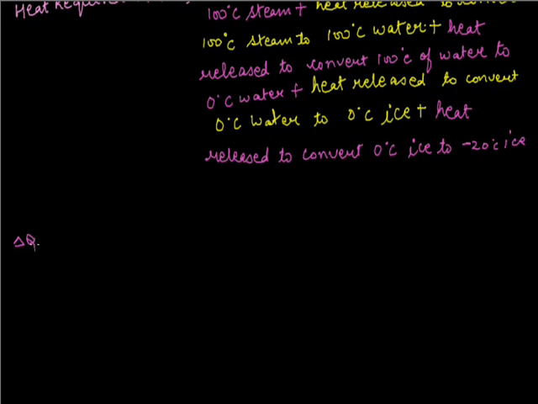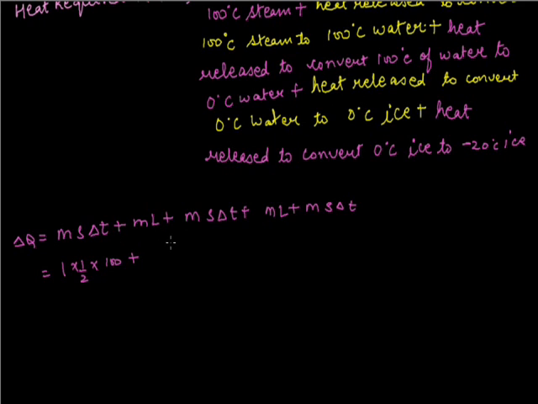Delta Q is equal to m s delta T plus m L plus m s delta T plus m L plus m s delta T, which is equal to 1 into 1 by 2 into 100 plus 540 into 1 plus 1 into 1 into 100 plus 1 into 80 plus 1 into 1 by 2 into 20, which gives me a result of 780 kilocalorie.